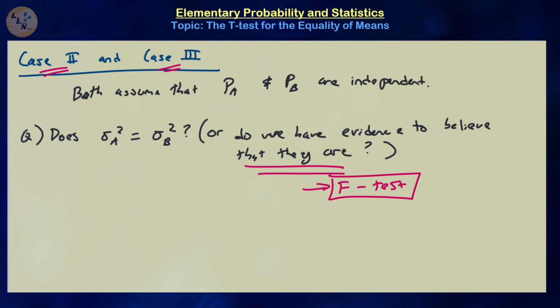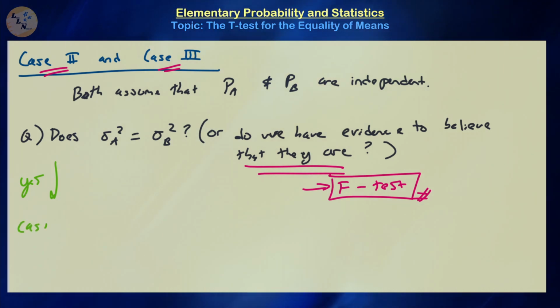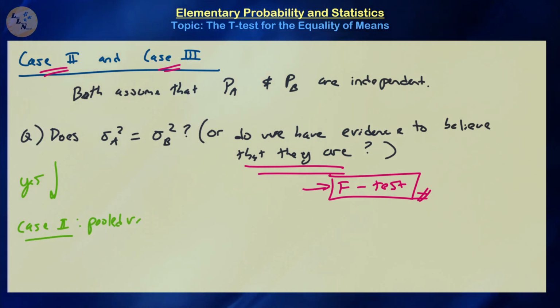So the F-test for the equality of variances definitely can come up here as a predecessor to case 2 and or case 3. So if the answer is yes, the population's variances are equal to each other, or we have evidence to believe that they are, then we will be using case 2, which is called the pooled variance t-test.